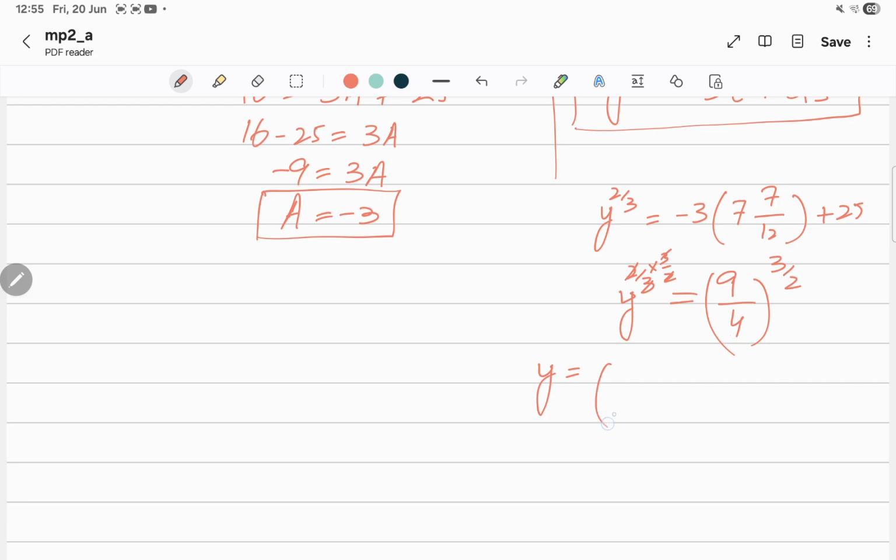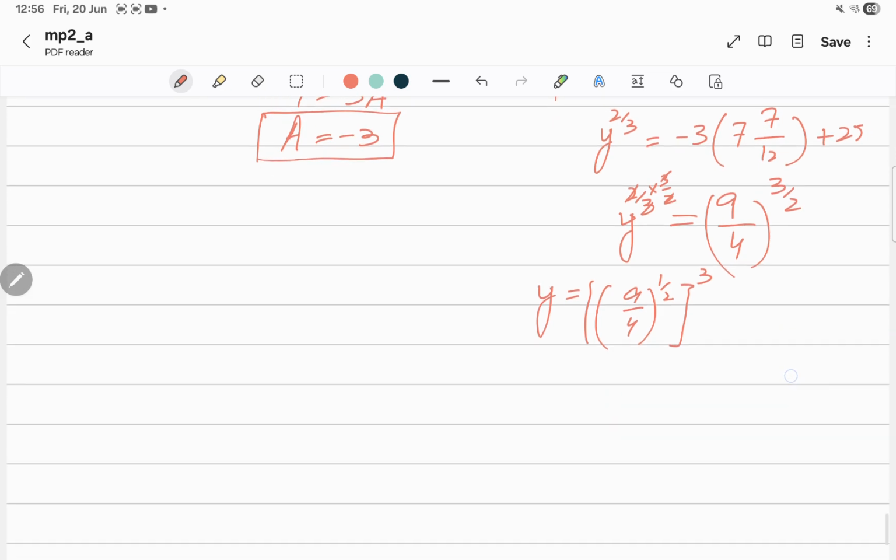If you work it out, apply the root on the fraction first and keep your cube outside. So the root of 9 is 3 and the root of 4 is 2, whole to the power 3. So 3 cubed is 27 and 2 cubed is 8. So 27 over 8 is the answer, which is the value of y.